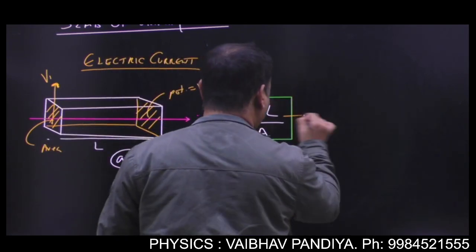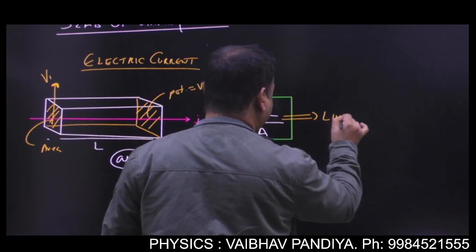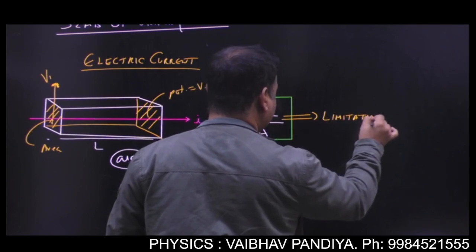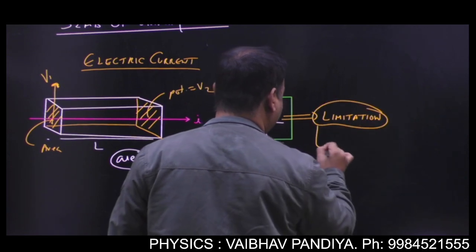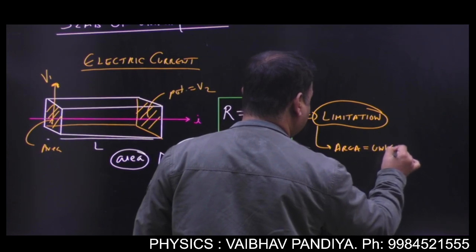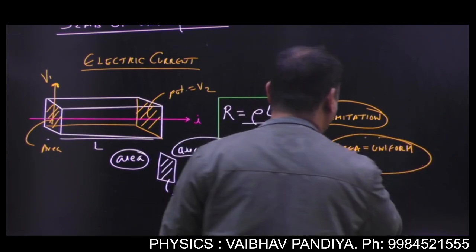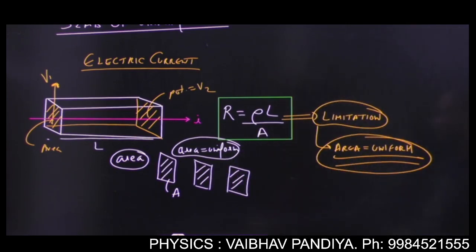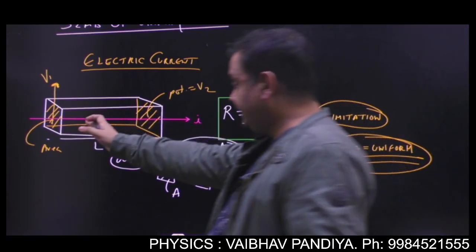And this formula has one limitation. This is applicable when your area is uniform. Got it? This is a very important limitation of this formula. Like in this case, you can see the area is uniform.